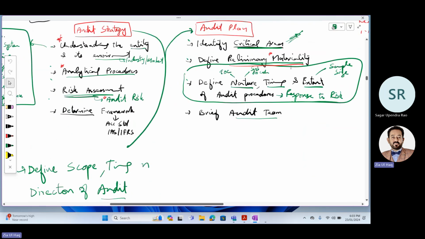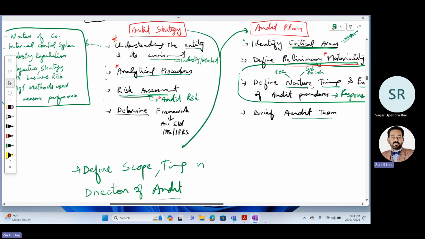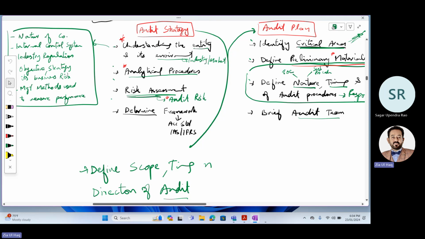How can we highlight risky areas? We can highlight risky areas through understanding the entity and its environment, and through analytical procedures.